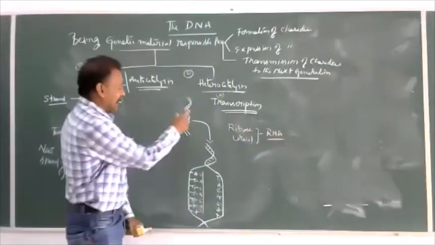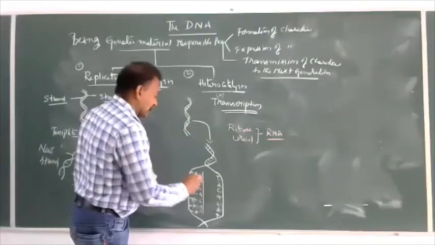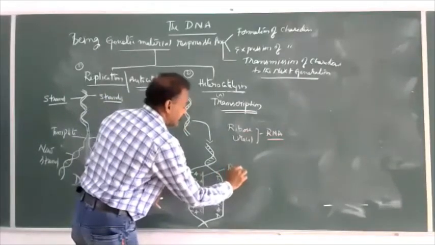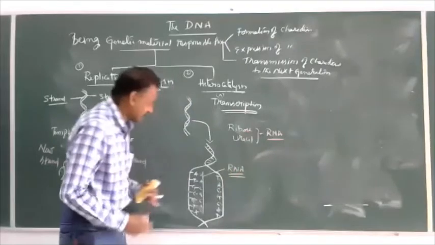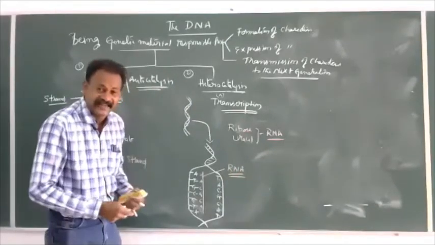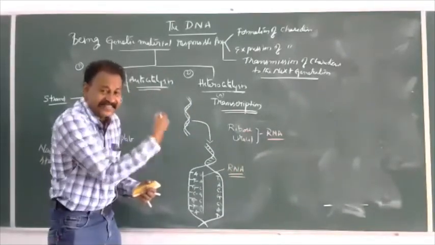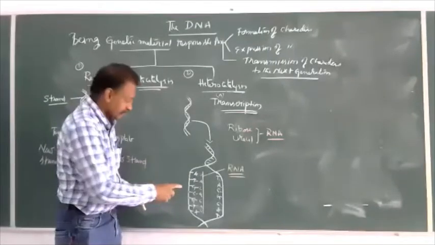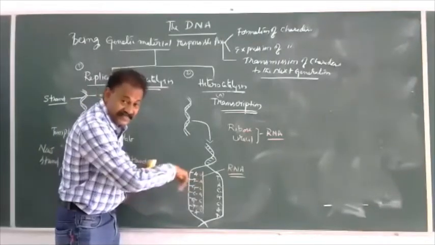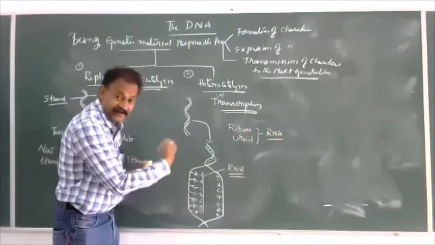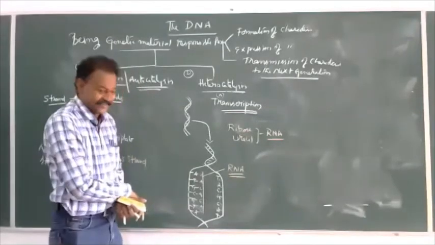So DNA is able to produce RNA, and this RNA is what is transcribed. It is not the same, it is shifted, and it is not translated.